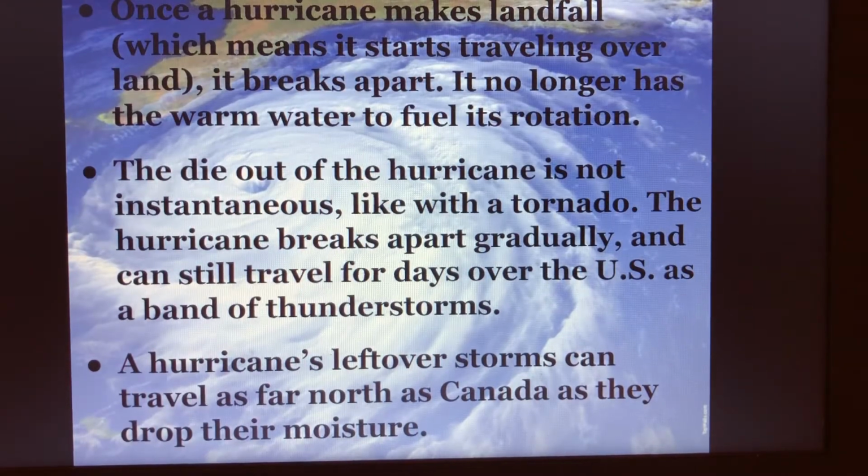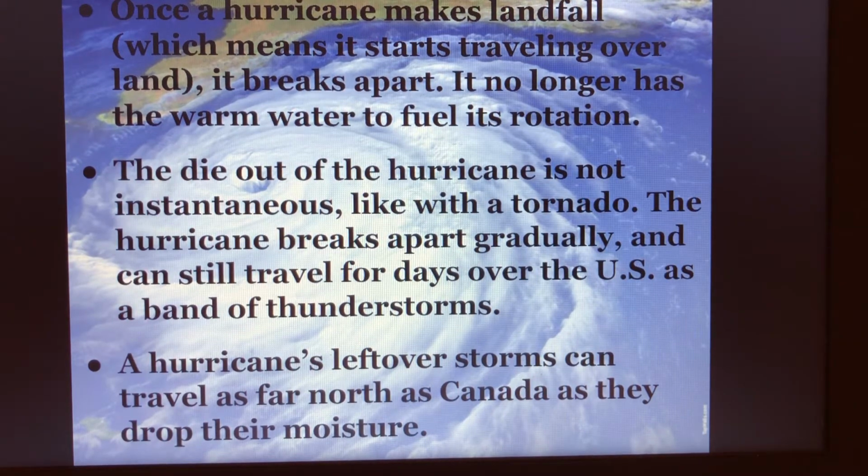Now, once a hurricane makes landfall, that means it's traveling over land. It starts to break apart. It doesn't have the warm water of the ocean anymore, which is like its gasoline that fuels its rotation. Now, the die out of a hurricane isn't instantaneous, like a tornado just ends.